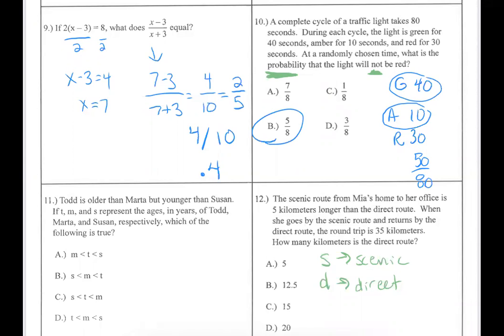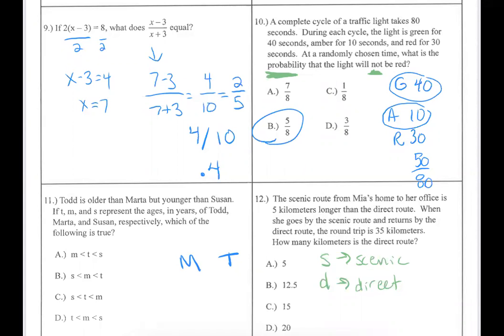Okay, and for number 11, we have Todd, Marta, and Susan. So just arranging your variables nicely. They use meaningful variables, so it's easy to keep track of who's who. If they're already in order, Todd is older than Marta. So Todd, I'm going to put on the right for the oldest, maybe, but at least older than Marta.